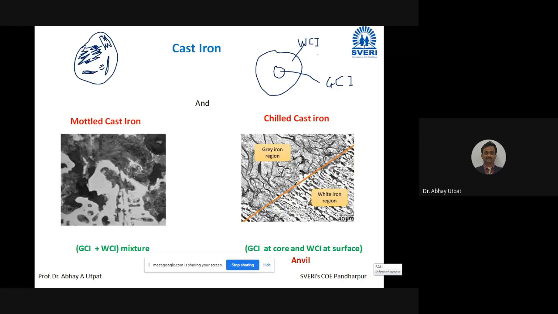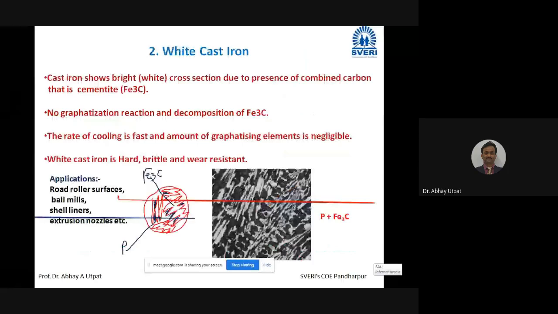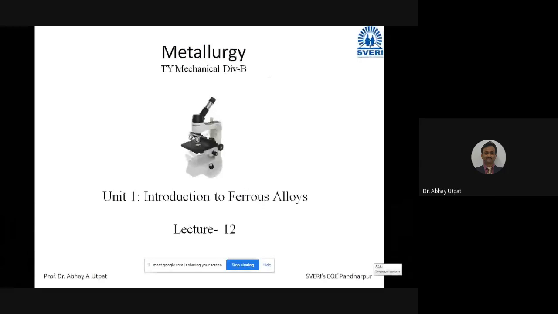Now open the iron carbide diagram. See, on the iron carbide diagram, we have shown here. I will draw somewhere for your understanding.